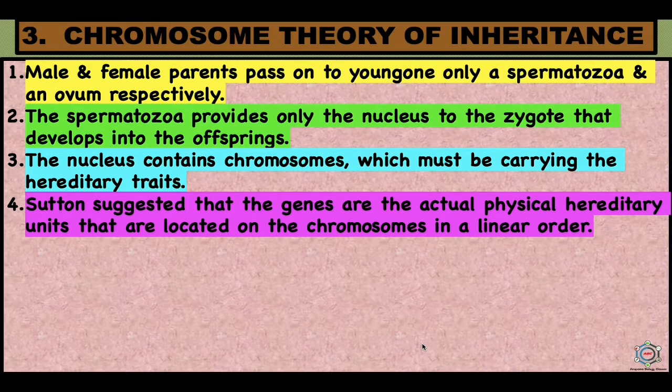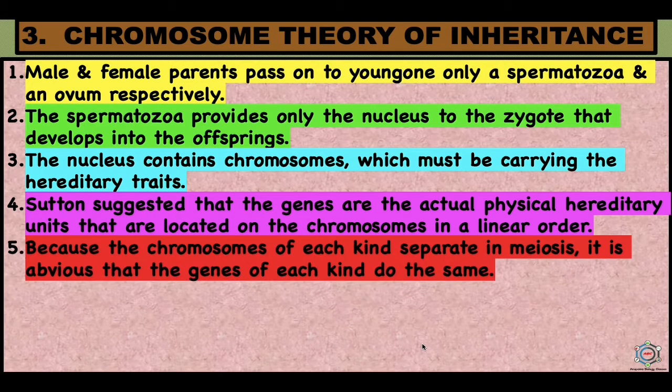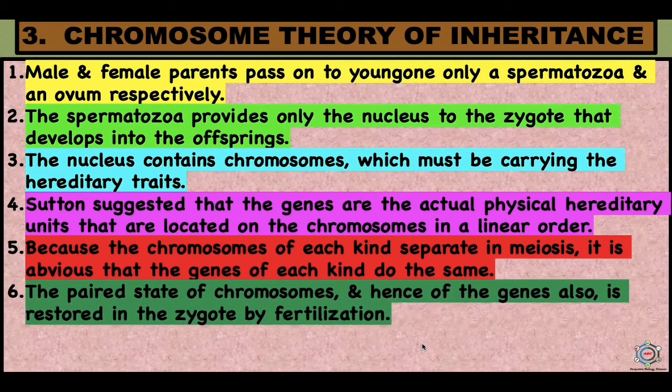Sutton suggested that the genes are the actual physical hereditary units that are located on the chromosomes in a linear order. Because the chromosomes of each kind separate in meiosis, it is obvious that the genes of each kind do the same. So, a gamete receives only one chromosome of each type and therefore has only one gene of a trait.